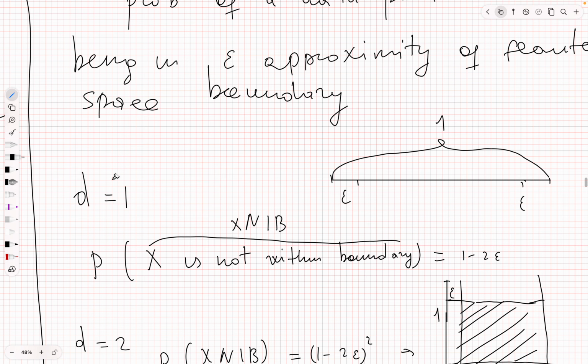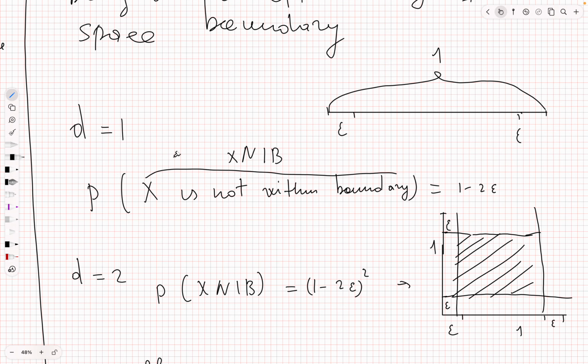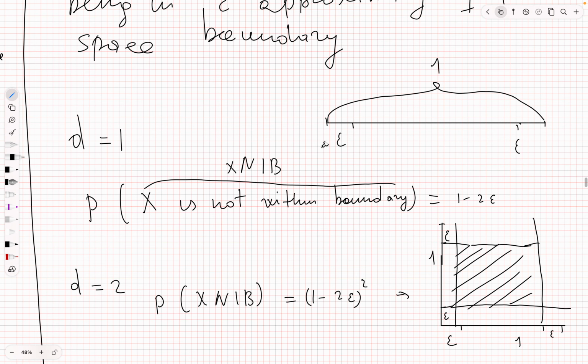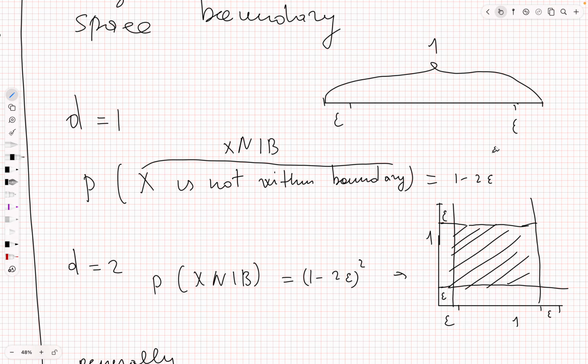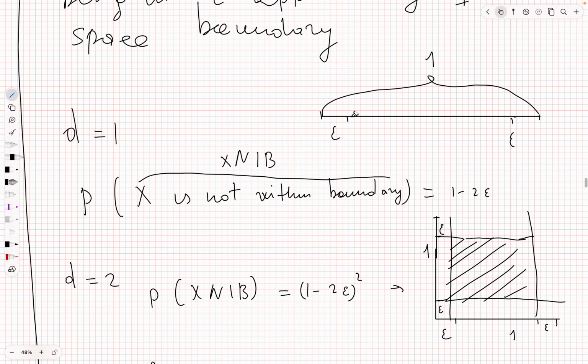Let's look at the probability that the value of x is not within the boundary, which is basically 1 minus 2 epsilon, because the probability that our point is not within the boundary is this distance from here to here.